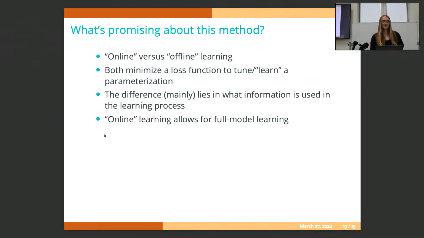Patrick mentioned this yesterday, and I feel like I should say something. I mostly wanted to highlight one thing about using adjoint methods, which is that the adjoint method is really promising because it lies in this new realm of online learning. You might have heard this in the context of machine learning, but the idea is that we can actually use diagnostic information from our model to tune these parameterizations, which hasn't really been done before.